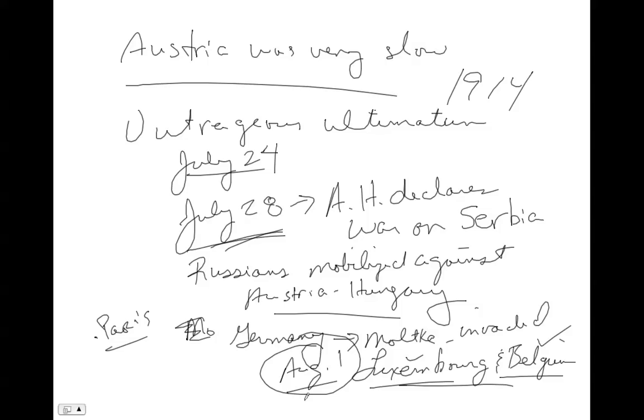When they invade Belgium, well, Great Britain, who had signed way back in, I think it was 1839, a treaty with Belgium, basically saying that if somebody invades Belgium, they would come on Belgium's side. They would help Belgium. Well, Great Britain declares war on Germany.